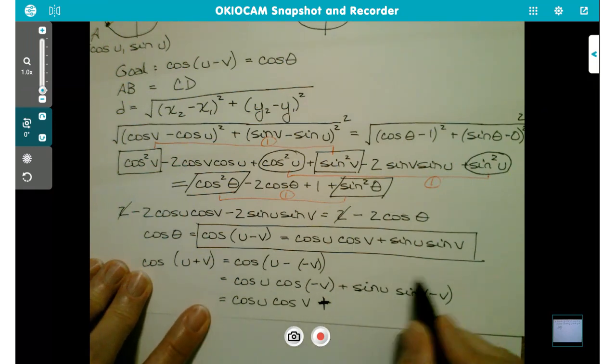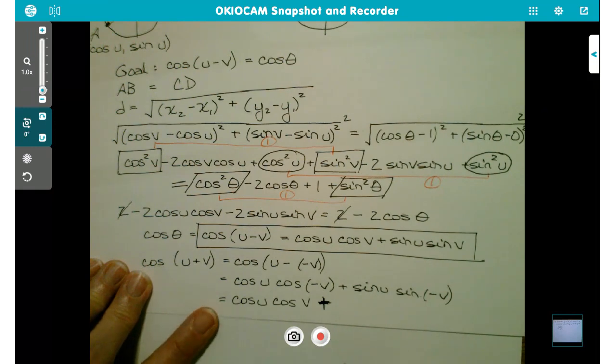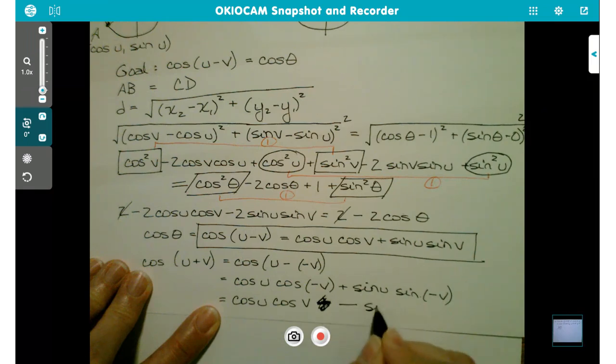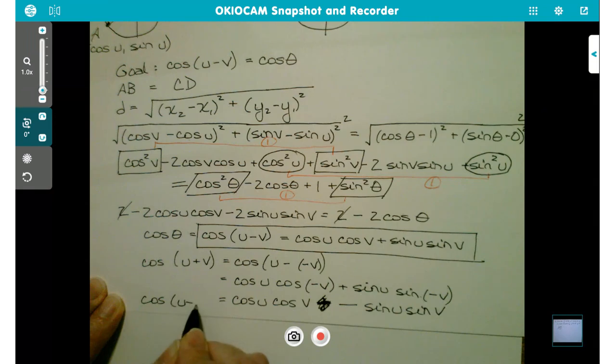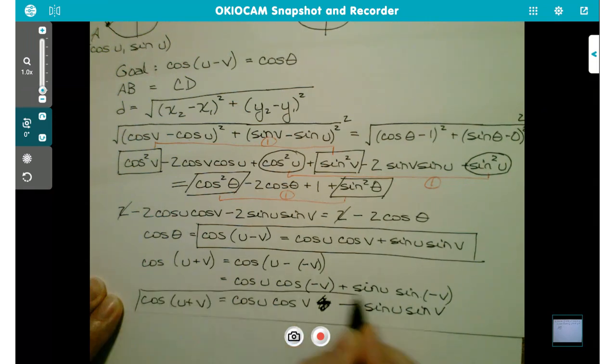So sine of -v is the same as negative sine v. So actually, this is minus right here. Cosine u cosine v minus sine u sine v. And that's the identity for the cosine of a sum.